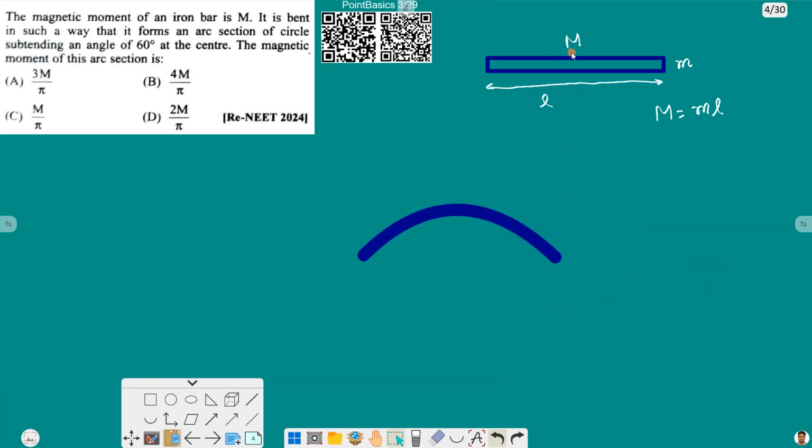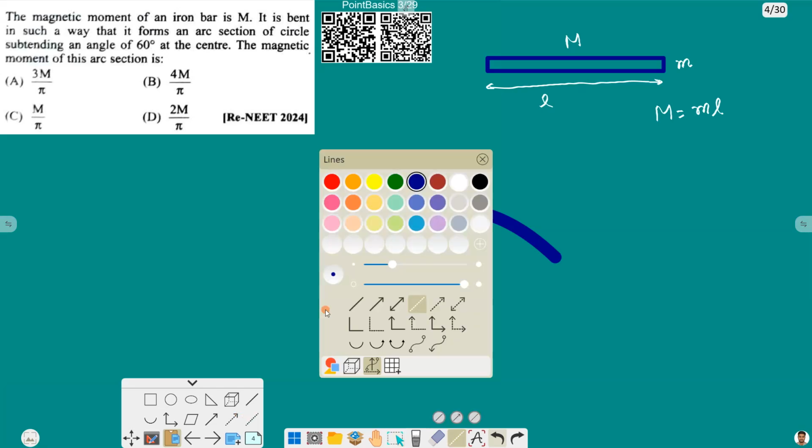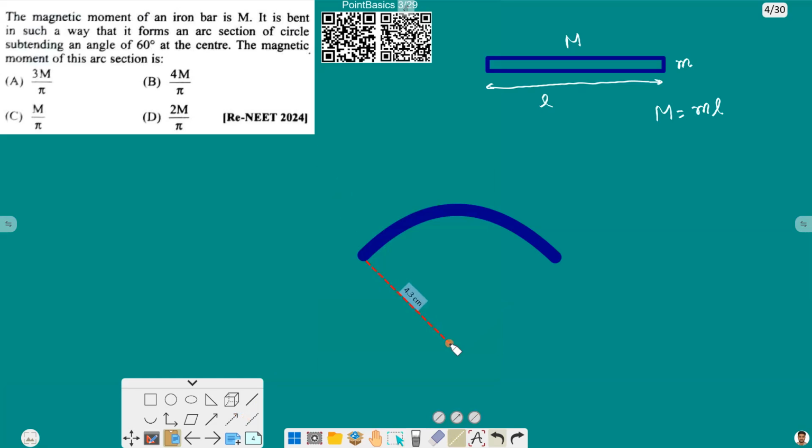So suppose this iron bar we had, we bend it into this shape, and the angle subtending at the center is given as 60 degrees. So suppose here we have the center. So this angle is 60 degrees.